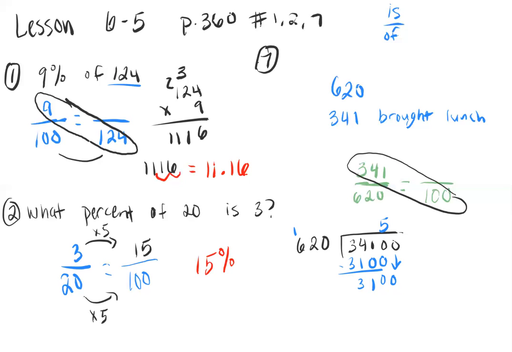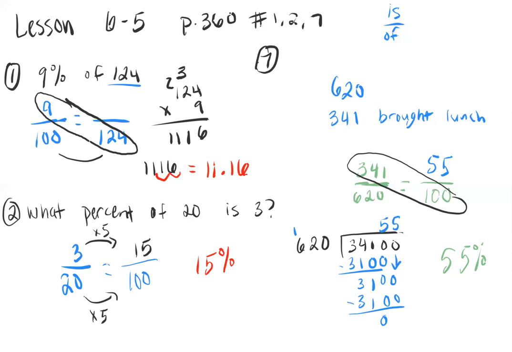Again, I know that 5 times 620 does get me 3,100. I knew I should not have a remainder here. There we go. So 55 over 100, or 55%, of the student body brought lunch that day.